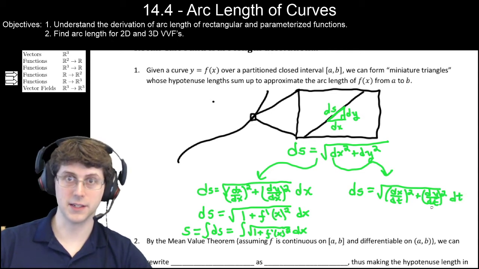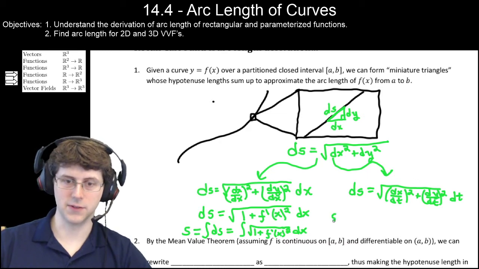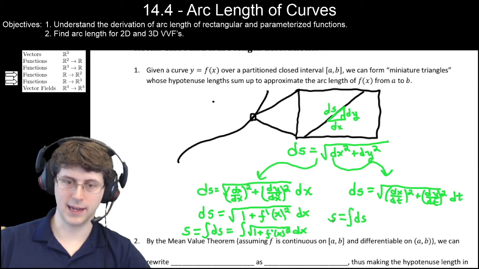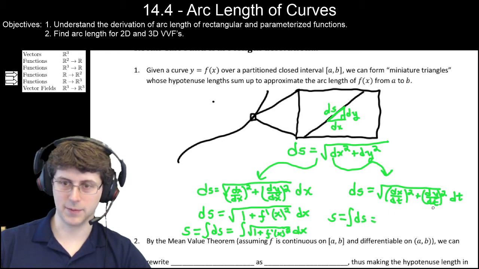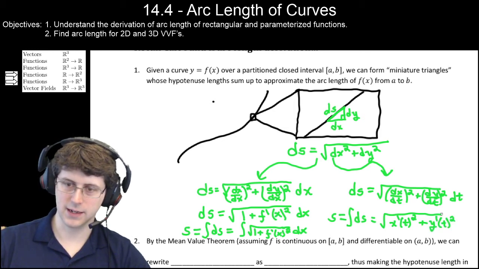Now the integral is all in terms of t, and so this would be the formula you would use if you had two parametric equations defining your curve. Again, s is add up all the little bits of s, and here is one way to write all the little bits of s. I guess I would write this as x prime of t squared plus maybe y prime of t squared.